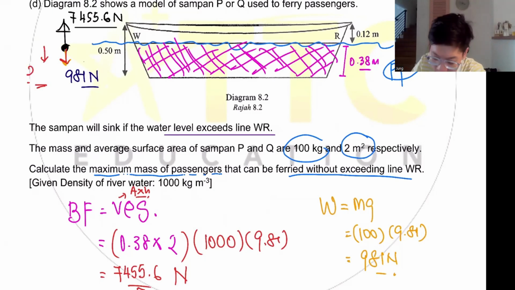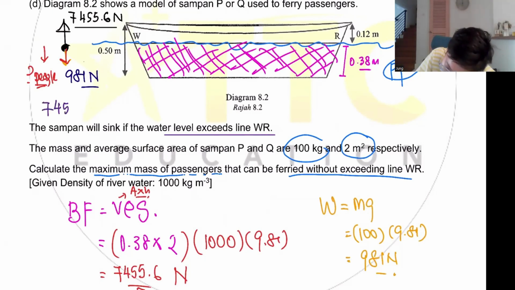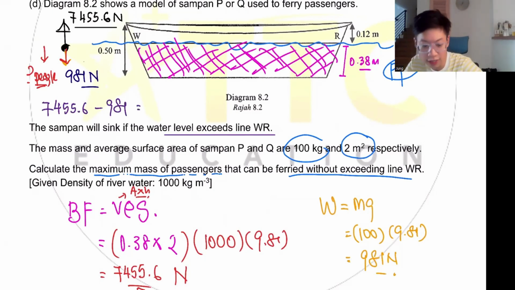So this is the people that I can fetch, right? What I do now is I can fetch extra 7455.6 minus 981 Newton. Why? Imagine that now the total force going up is 7,000, but your boat is only 900. So I can fetch extra people.